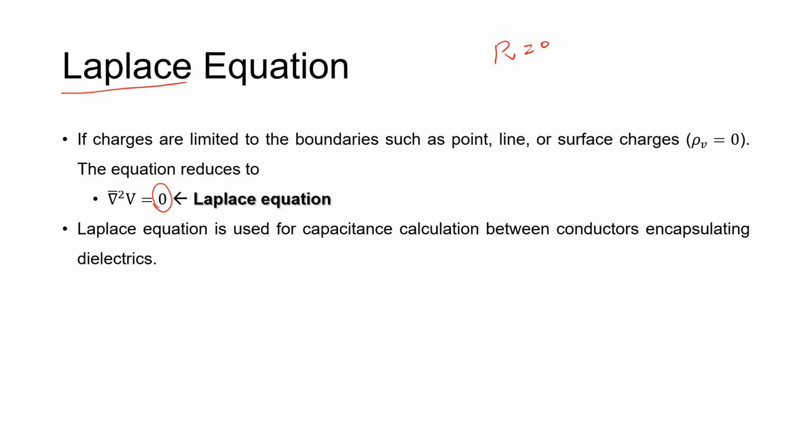This of course doesn't mean that we don't have charges. We do have charges, but like the thing which we have learned, we have two plates, whatever the shape of these two plates. Between them there is some sort of dielectric, and we have surface charge on these plates, rho s and minus rho s.